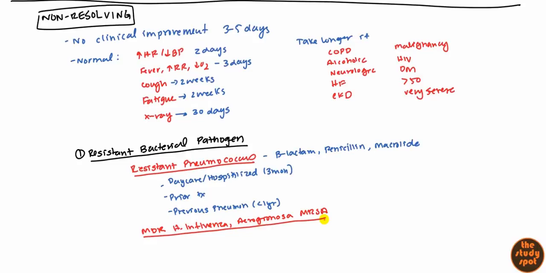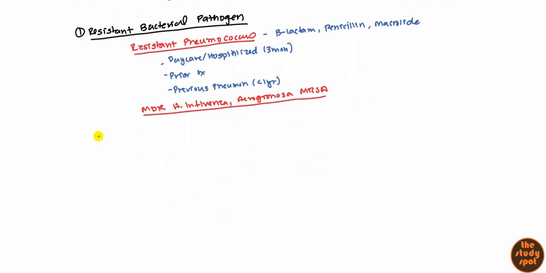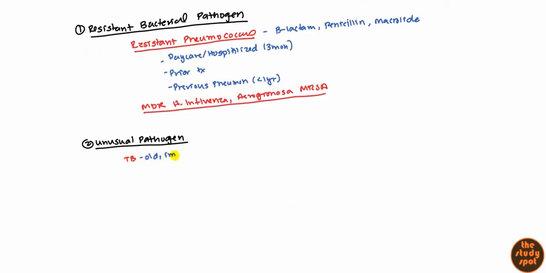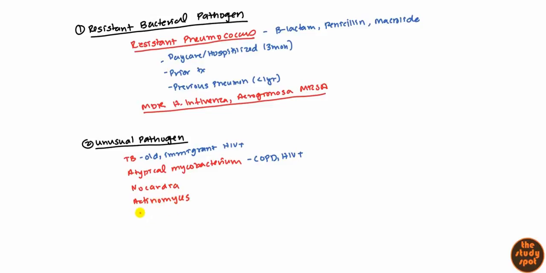So you're either dealing with a resistant pathogen, or you might be dealing with an unusual pathogen as well. Unusual pathogens would be something like TB, and you think of this if it was an old patient, an immigrant, or someone who's HIV positive. Besides that, you could also have an atypical mycobacterium, and this is again most common in COPD and HIV patients. Nocardia is common in immunocompromised.